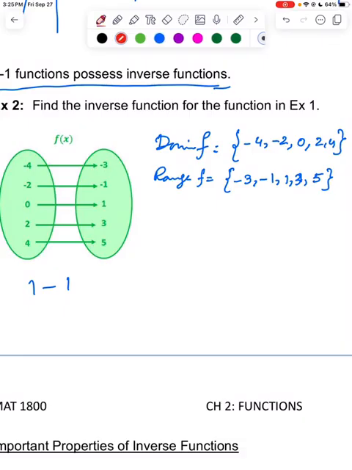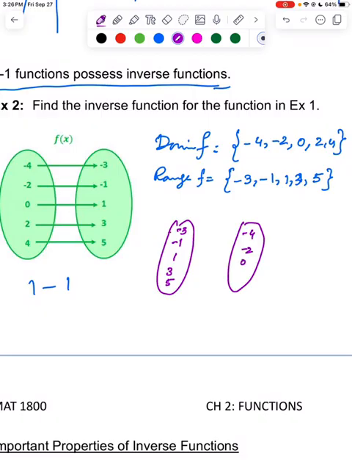So for f inverse, the second set will become the first set, and the first set will become the second set. So they switch their roles.